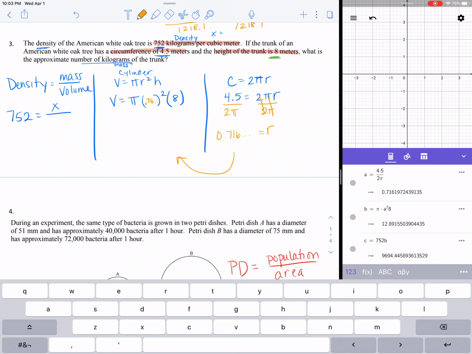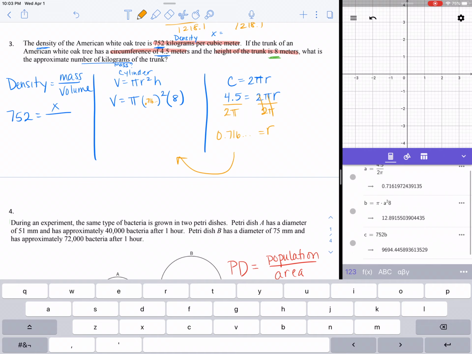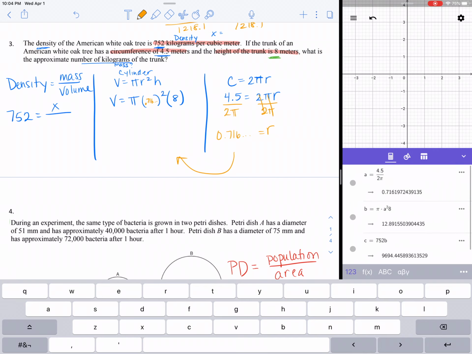The calculator assigned that value the letter A. So my next line I plugged in for the volume, I put in pi times that A squared times 8, because that allowed me to square that exact value that the calculator found for A. And that gave me a volume of 12.89155 dot, dot, dot.